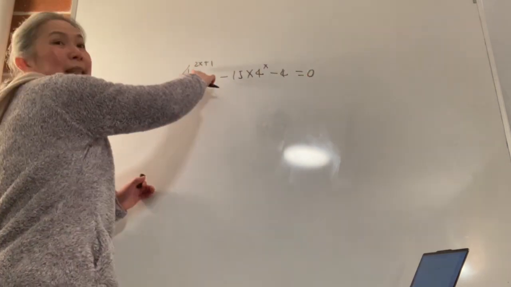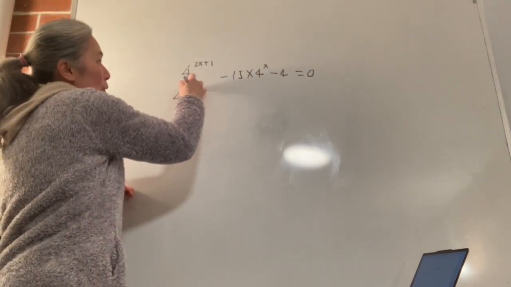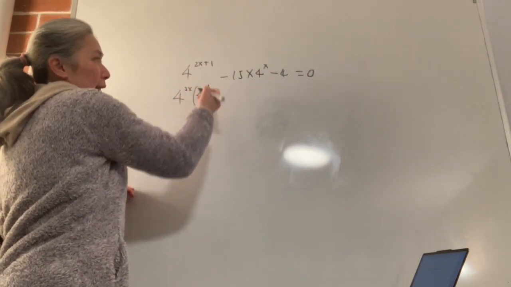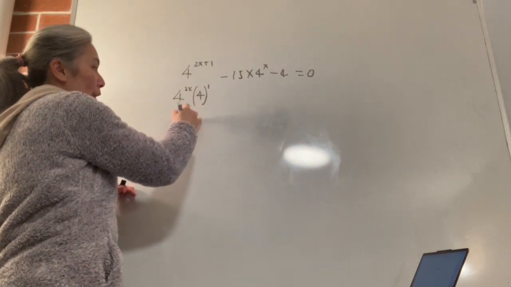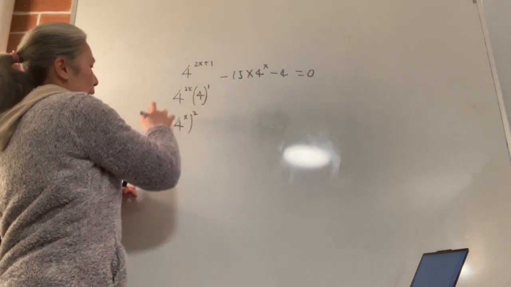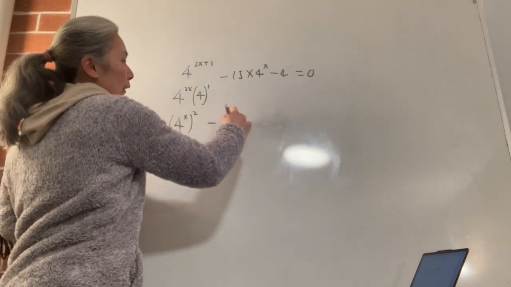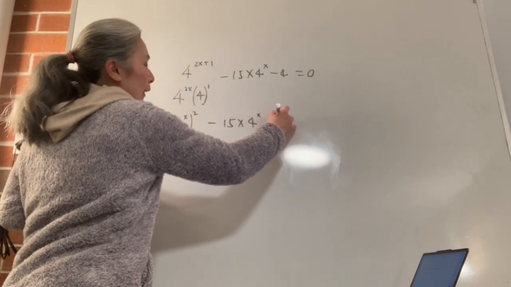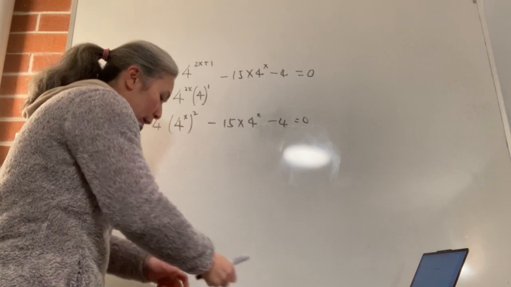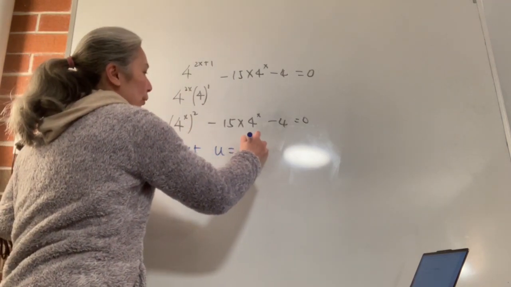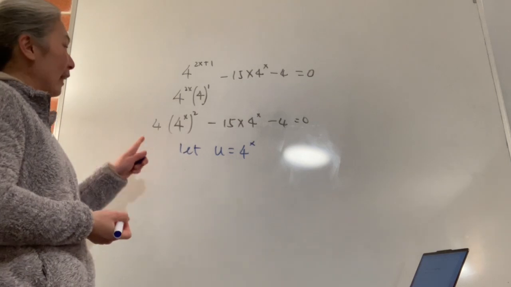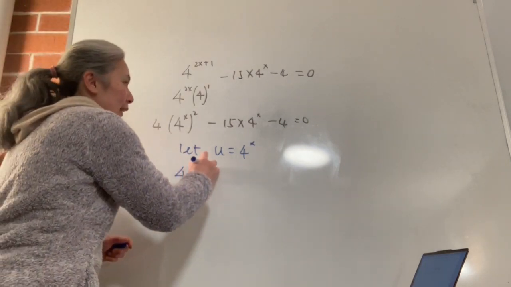Right, split this one, 4 to the 2x, 4 to the 1. And then split again. You can think of it as 4 to the x squared, and I can write the 4 in here, minus 15 times 4 to the x. And then what you do is you let your u equal to that, then you are in quadratic equations.